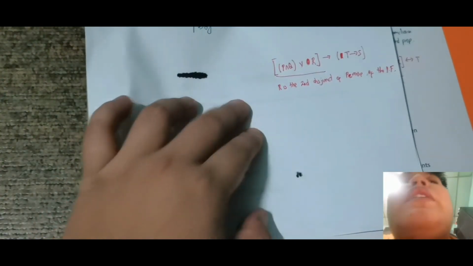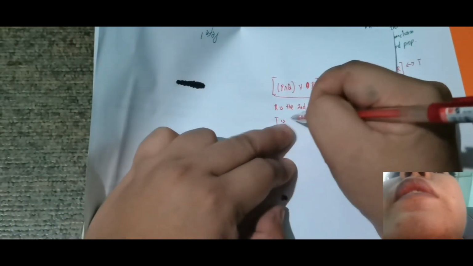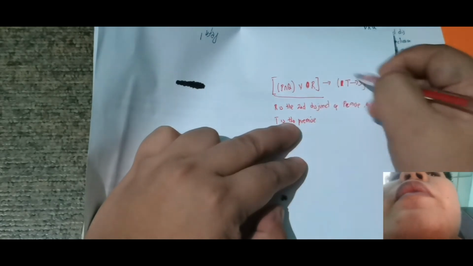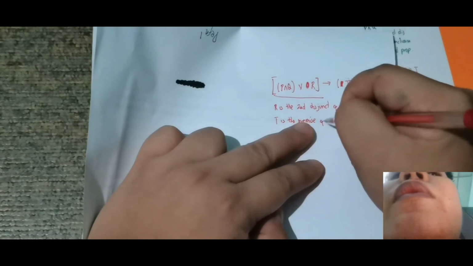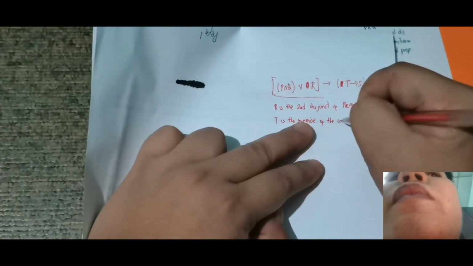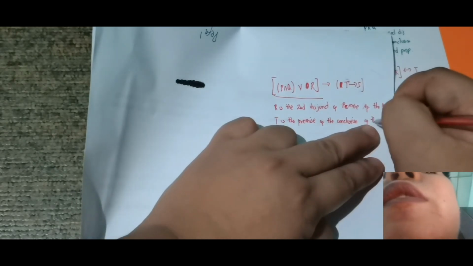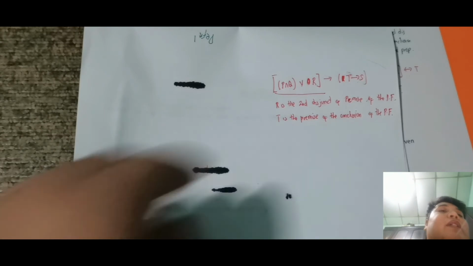T is the premise of the conclusion of the propositional form. Ganun kasimple. Okay, T is the premise of the conclusion of the propositional form. Okay, next is si Q.